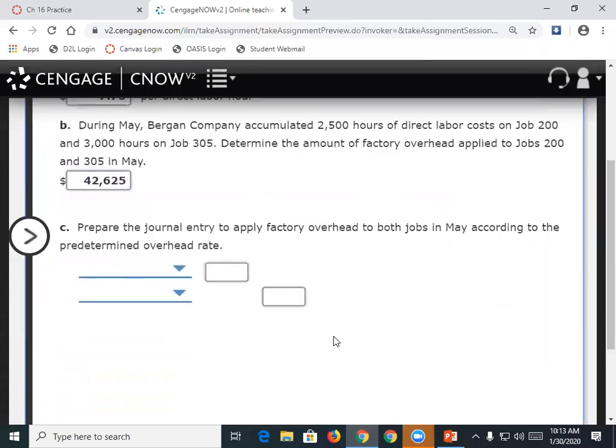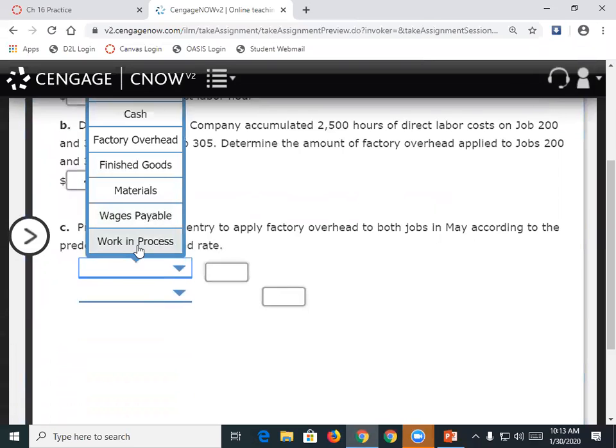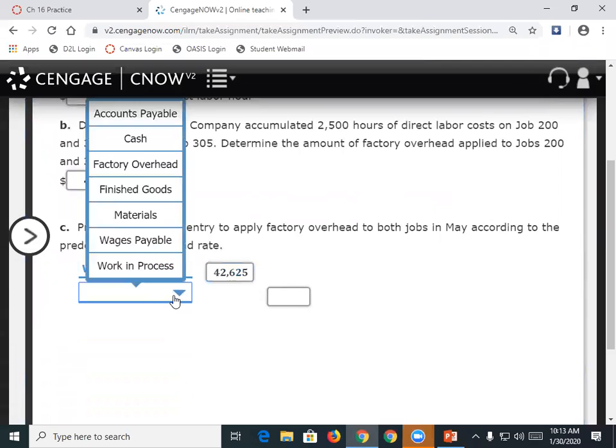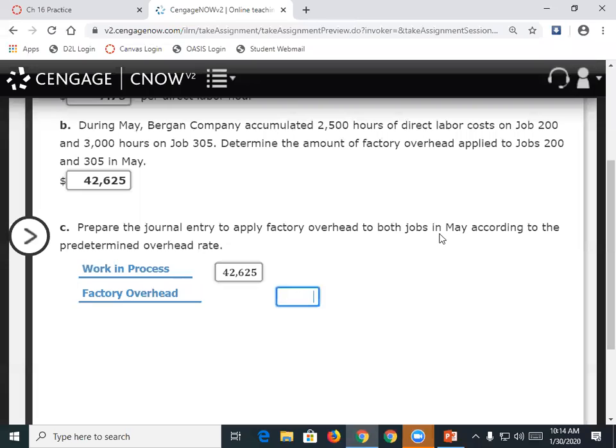What's my journal entry to apply factory overhead? Work in process and factory overhead. Very good. We debit work in process, and we've already calculated the $42,625, and we credit factory overhead. Debit work in process, credit factory overhead. So that's an applied overhead.